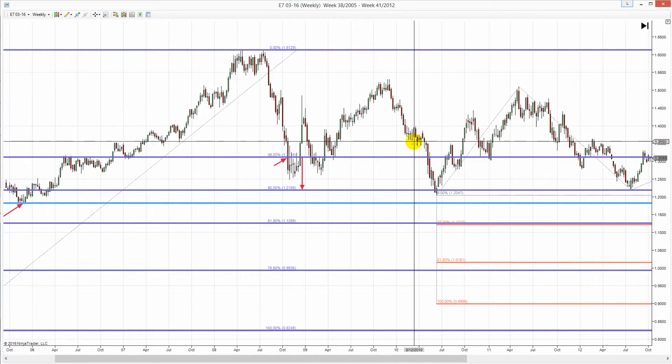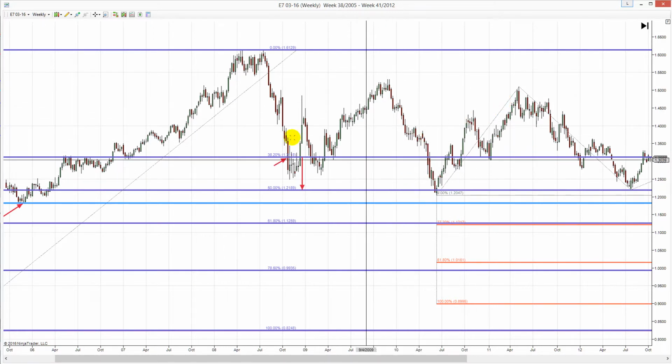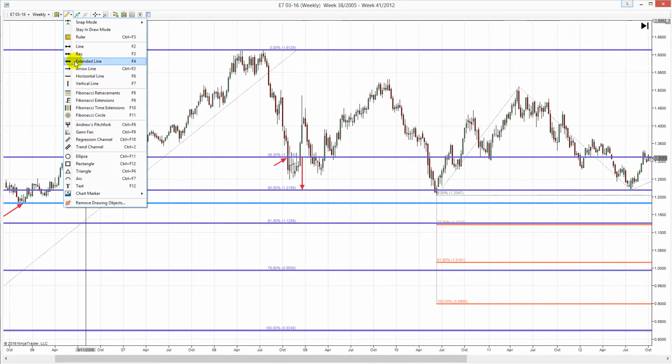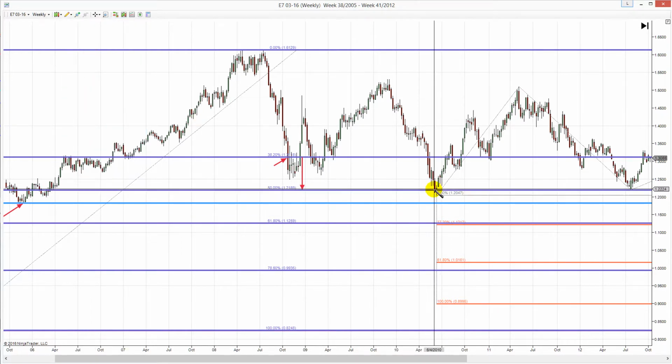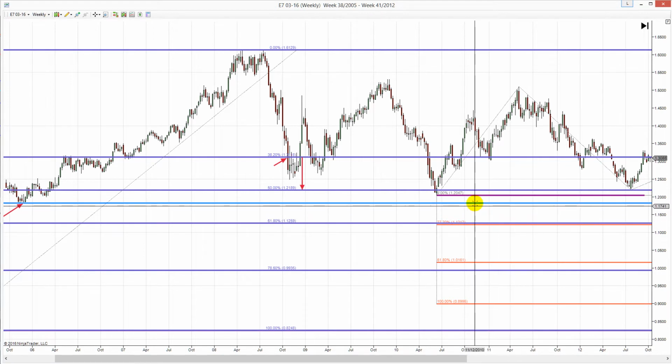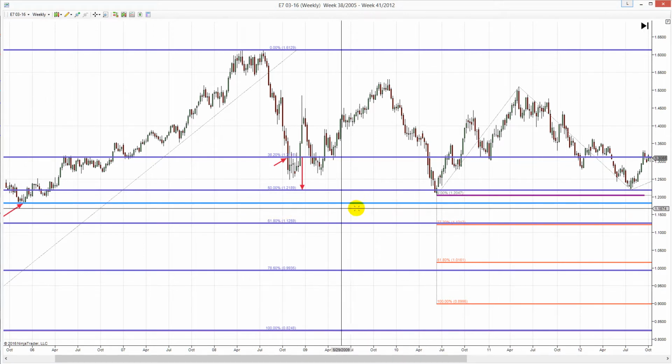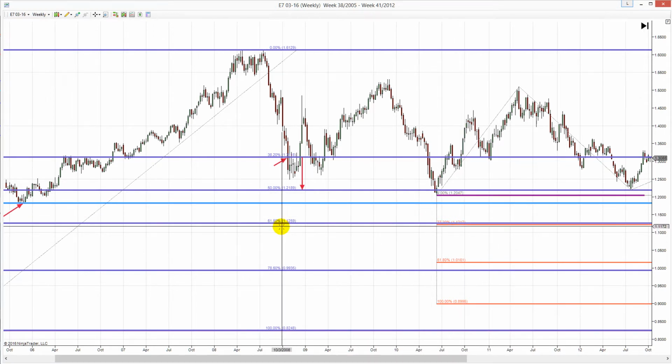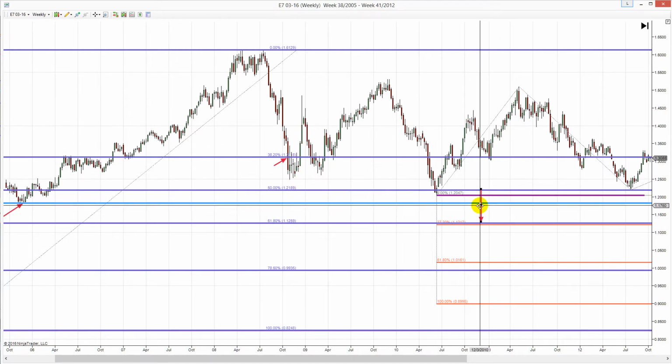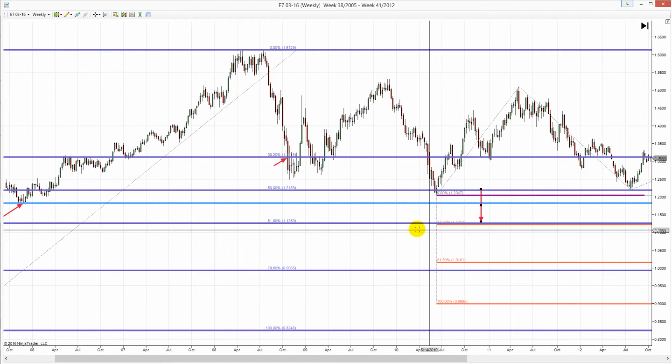Now, first of all, that level was broken too, so our major target is right here now. So let's move it, arrow, and we have it here.